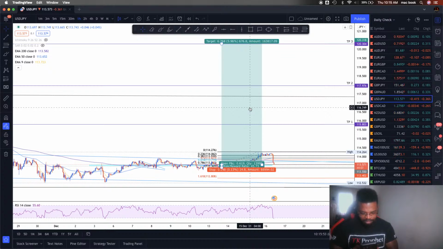Okay. All right, so we got those coordinates in. We got the coordinates for the other setup in. Now let's head back to check on our other trades. Well, the other alerts.